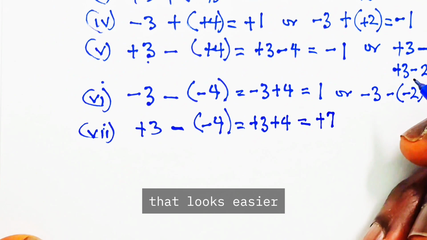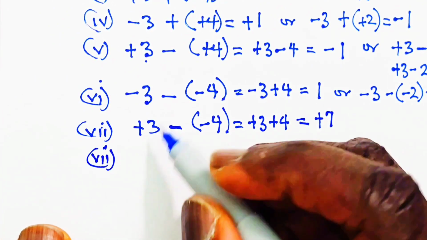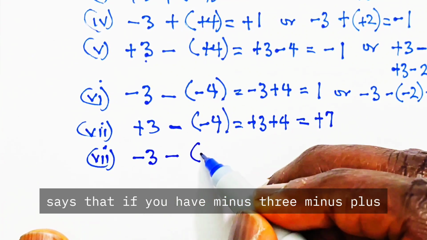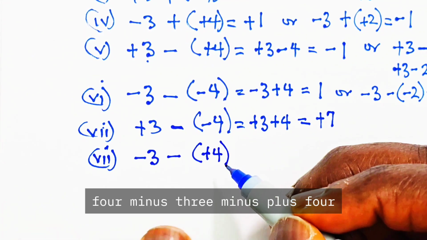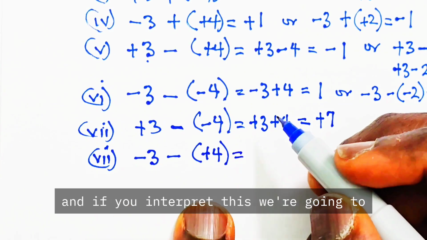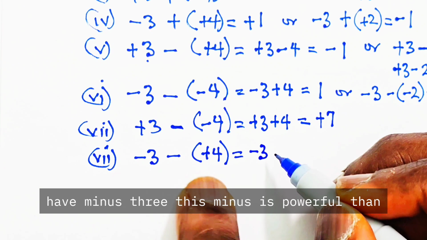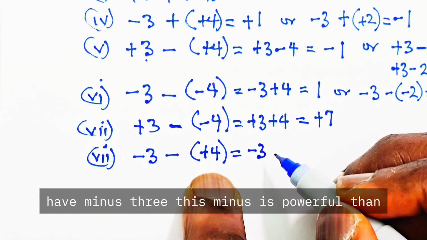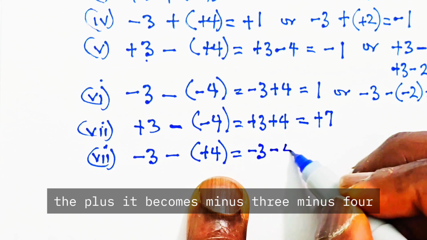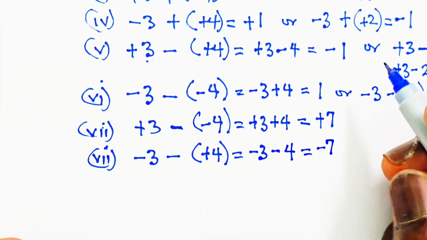That looks easier. So the eighth one says if you have minus 3 minus plus 4, and if you interpret this, we're going to have minus 3. This minus is more powerful than the plus. It becomes minus 3 minus 4, and that's going to give us minus 7.